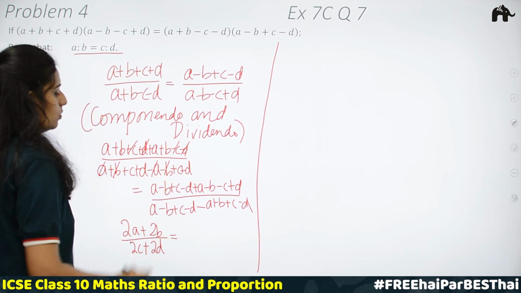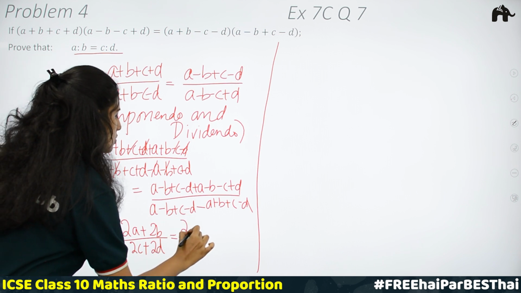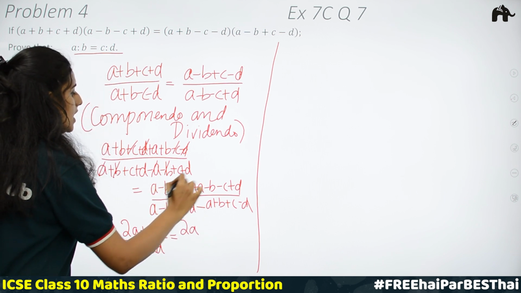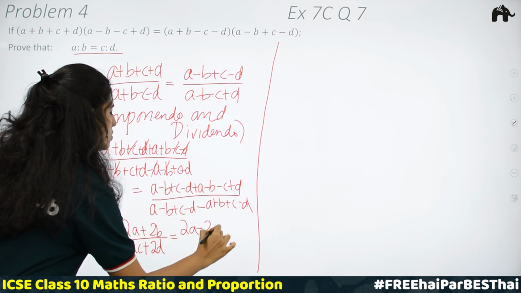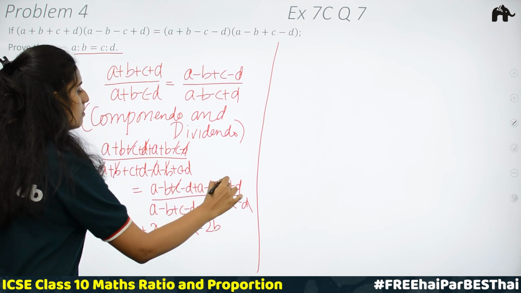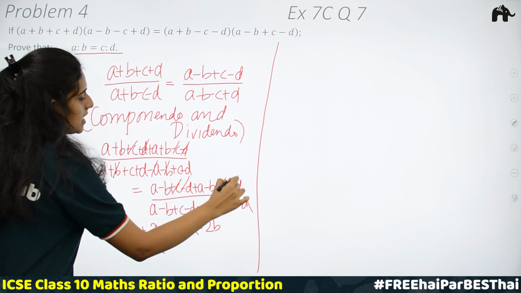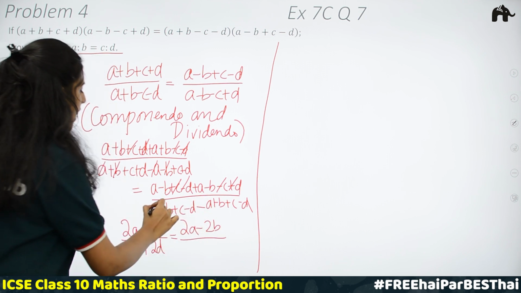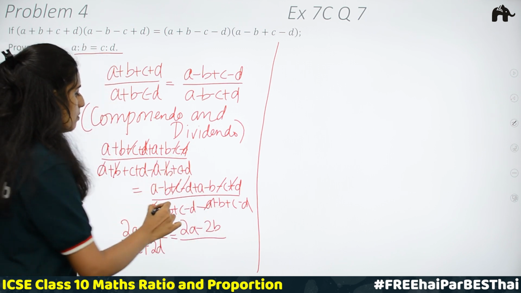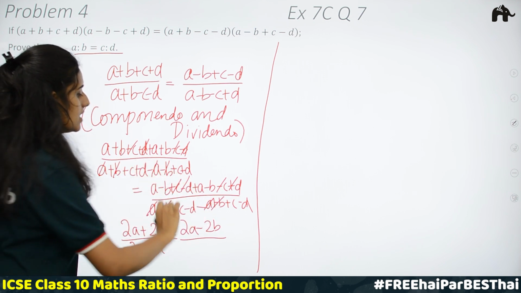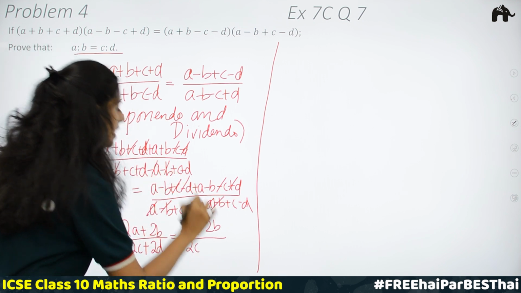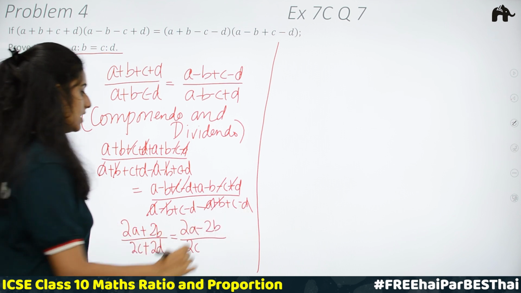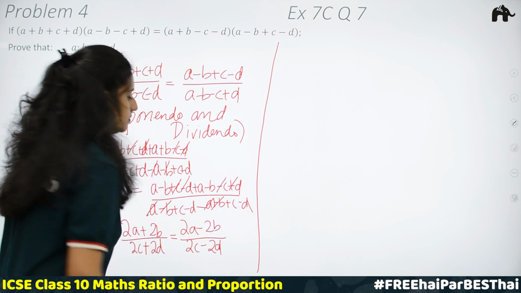That is equal to a plus a, 2a minus b minus b minus 2b, c minus c cancelled, minus d plus d cancelled. Denominator part, a and minus a cancelled, minus b and plus b cancelled, c plus c is 2c minus d, that is minus 2d.